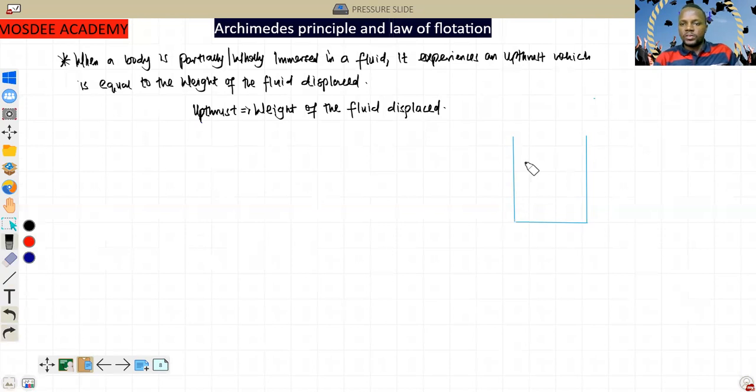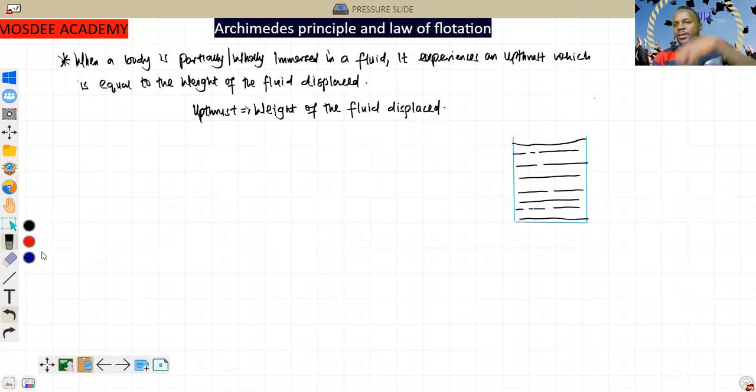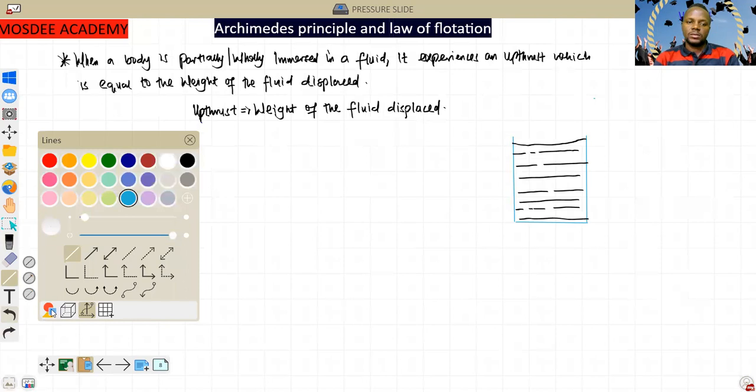So let's say the liquid is here, or filled to the brim. Let me just say it contains a liquid, as you can see. Now let's say we have something like a cylindrical object. It is now dropped inside this bucket. So let's take a cylinder and drop it inside.